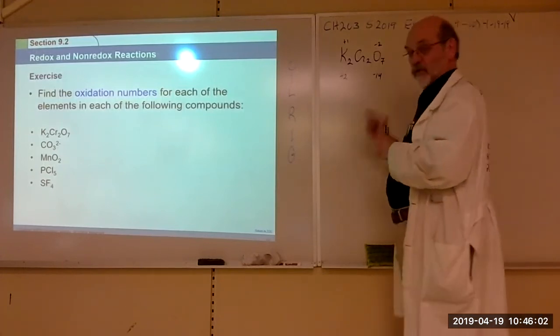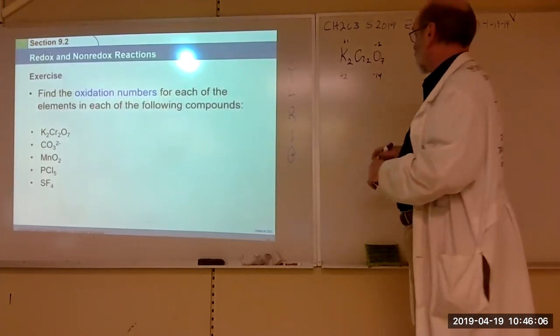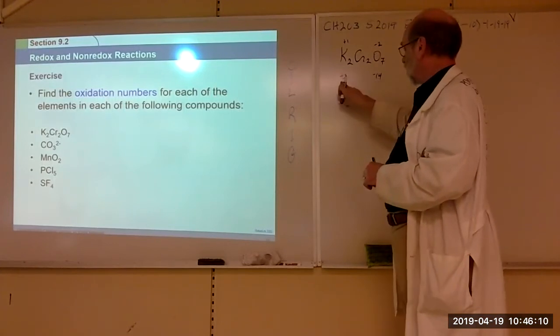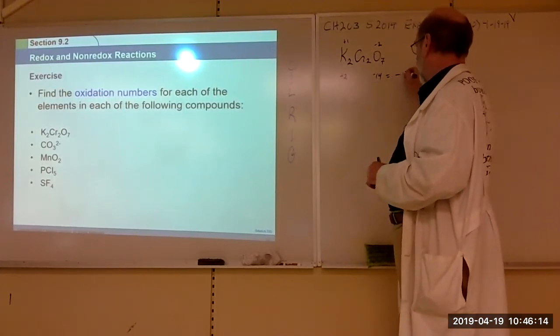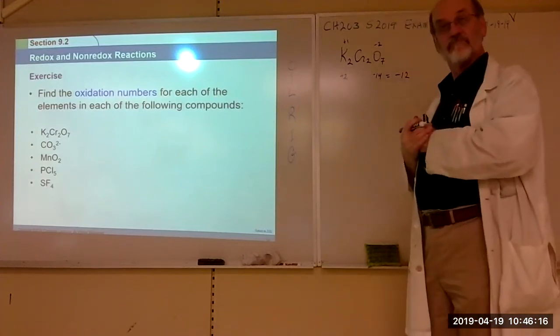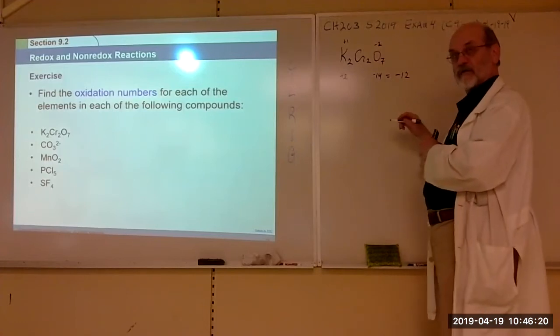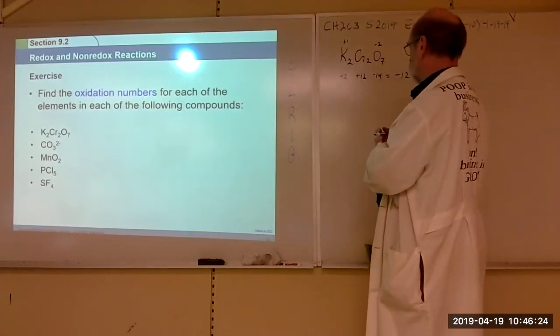Now we can calculate what chromium is, because chromium can vary. So what's the difference between -14 and +2? -12. Right? So the chromiums have to balance this -12. That means the chromiums together, both of them, have to be +12.